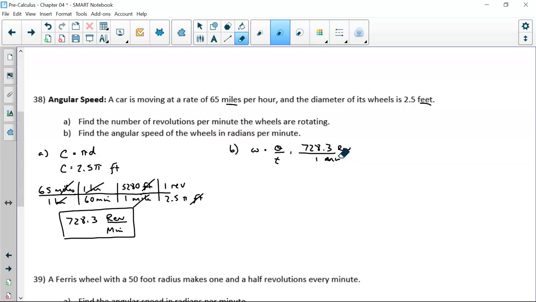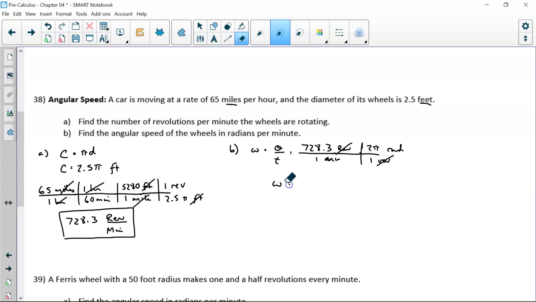So for our angular speed, we need to change this to radians per minute. So then we're going to multiply that. One circle is 2 pi radians for every 1 revolution. Revolutions cancel, so then we have our answer in radians per minute.